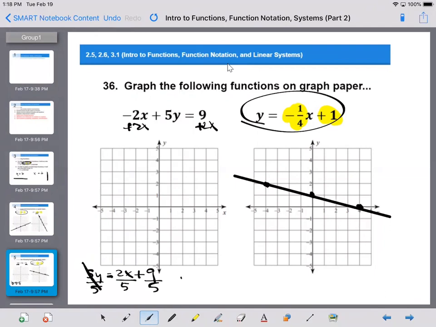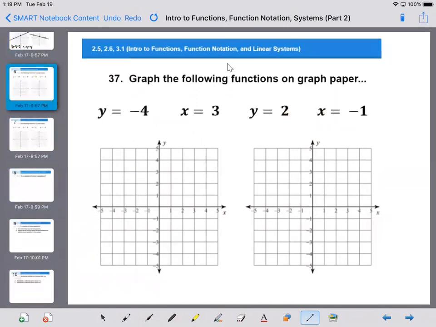So you'll have y equals 2/5 x plus 9/5. 9/5 is almost 2, so we'll go somewhere right there, and then we'll go up 2 and to the right 5, or down 2 to the left 5. And that's not a good line, so let's try that again. And there you go.